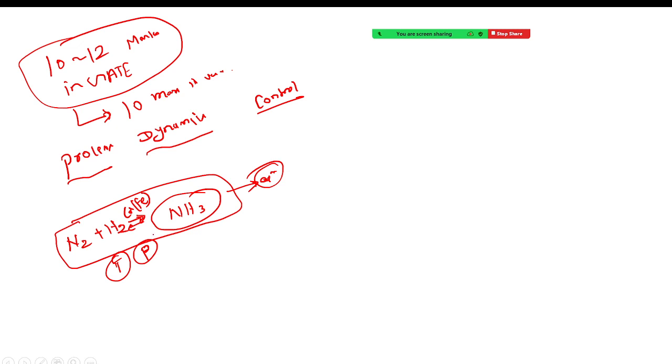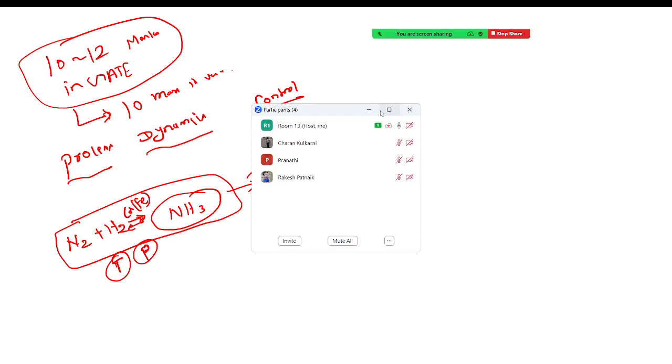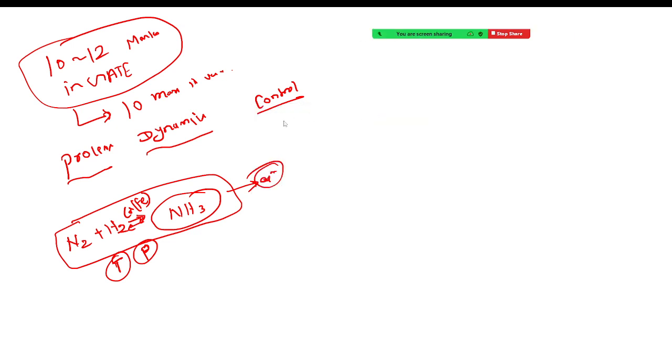It becomes very important to maintain this temperature and pressure, because this is a continuous process, and for a continuous process you cannot stop in between. When we stop the process in between, you will lose a huge amount of capital cost, so stopping in between is to be avoided.